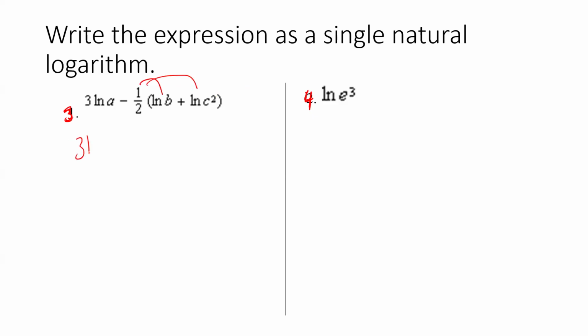So we have 3 natural log of A minus 1/2 natural log of B minus 1/2 natural log of C. I don't know why I made that one so giant.